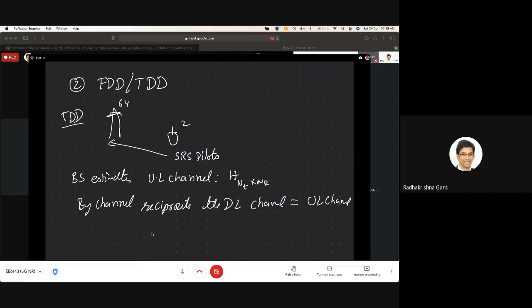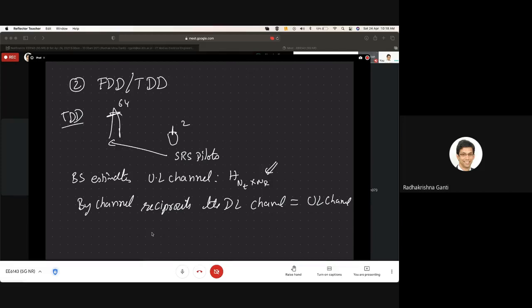So what will the base station do? The base station will actually use the uplink channel for the downlink also. Of course you just do a transpose, because it's NT cross NR, it will become NR cross NT. That is the reason why massive MIMO is very popular in TDD bands and not in FDD bands.